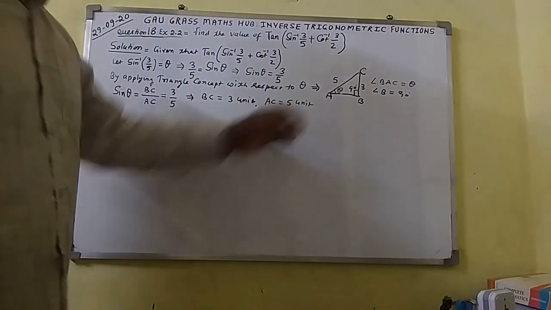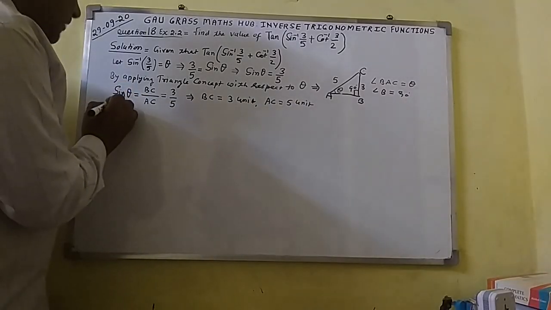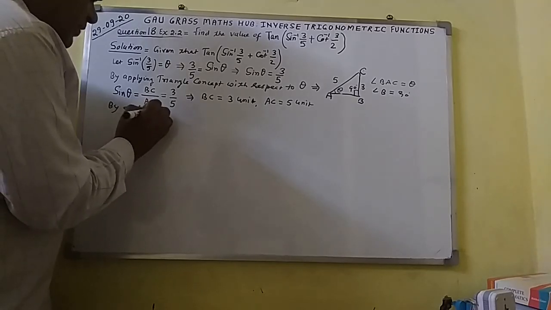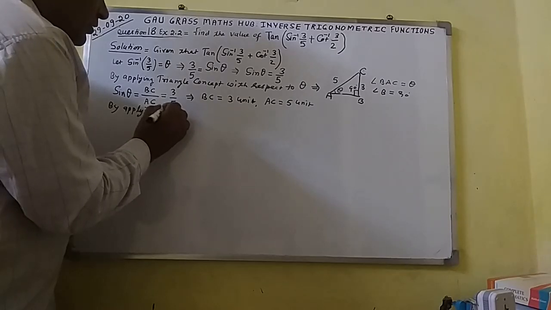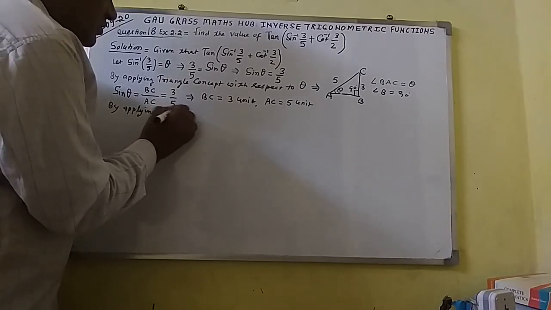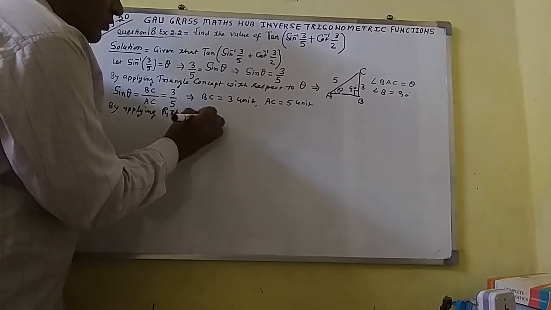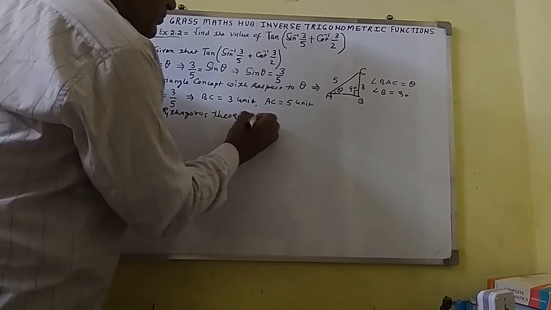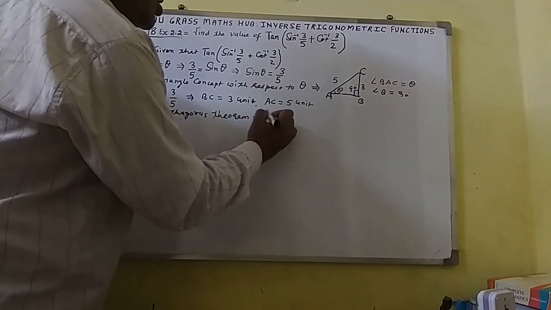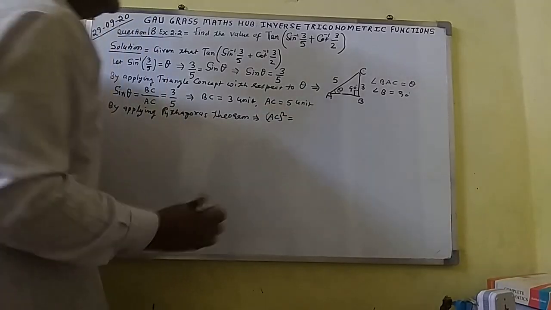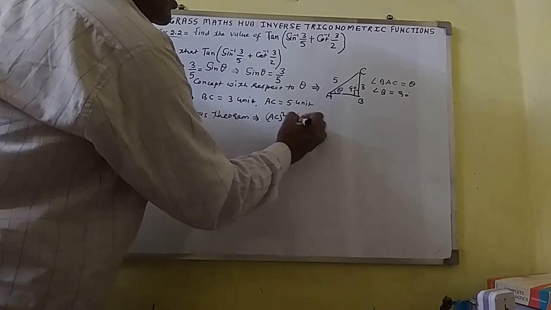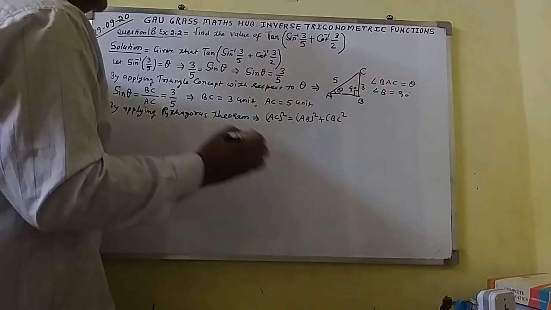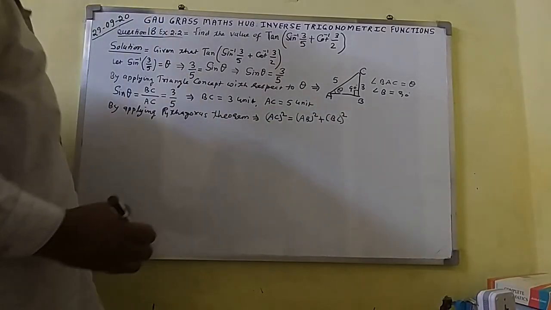Now by applying the Pythagoras theorem, AC square equals AB square plus BC square.